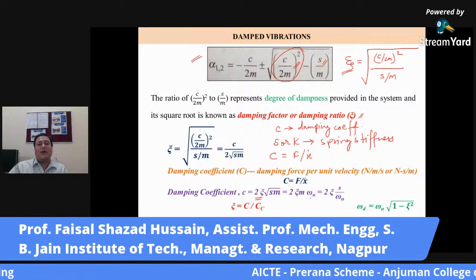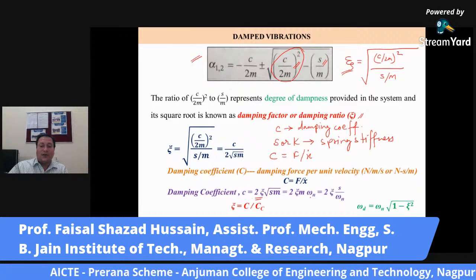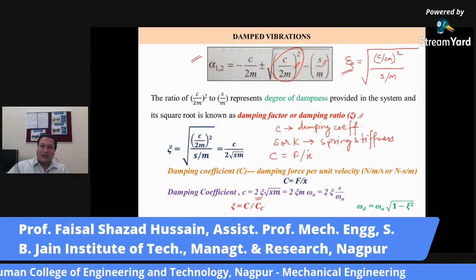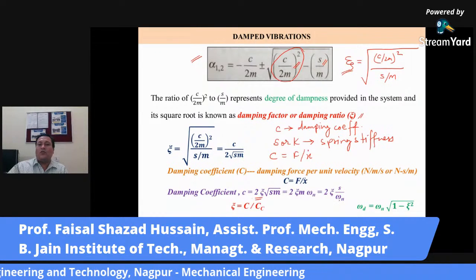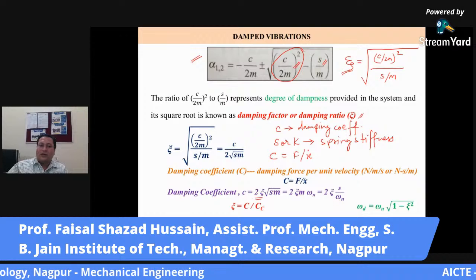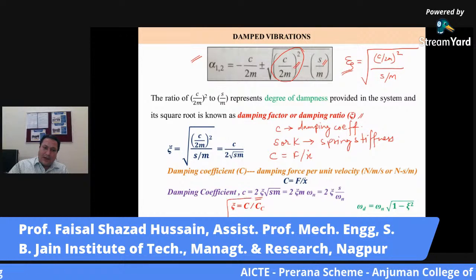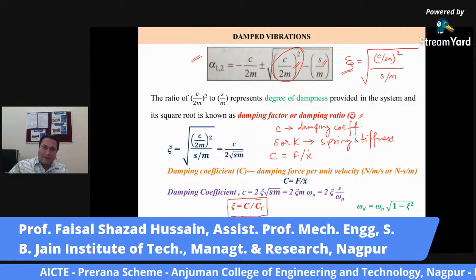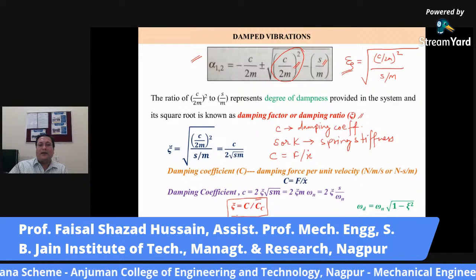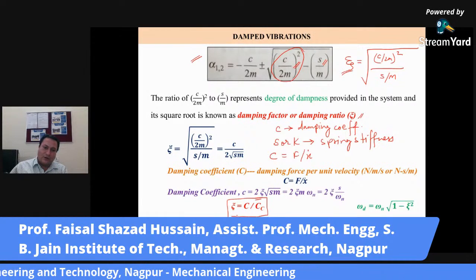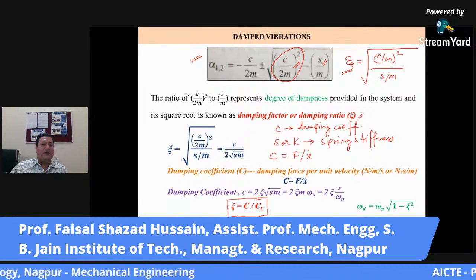Omega n is your natural frequency of free vibrations. So I can write this equation again as 2 zeta s upon omega n. In other words, the damping factor or damping ratio zeta can be defined as the ratio of the damping coefficient to the critical damping coefficient.